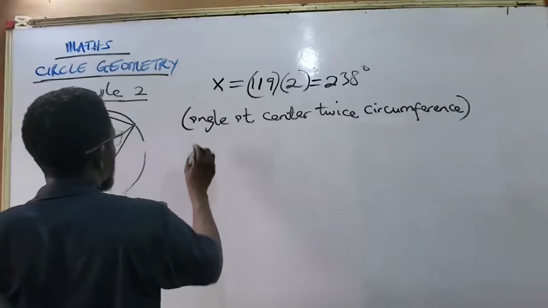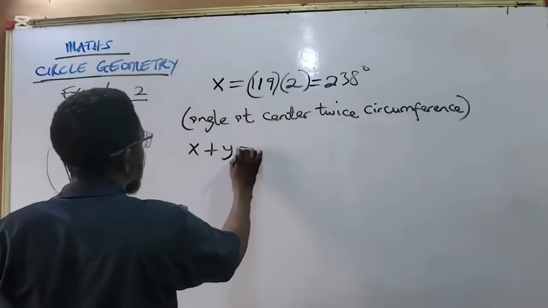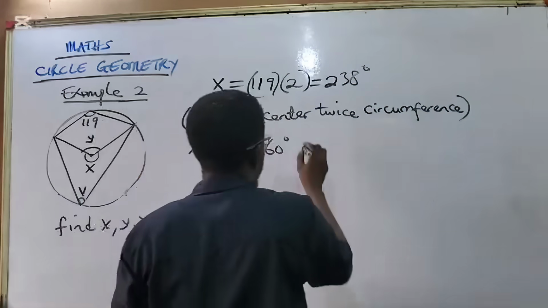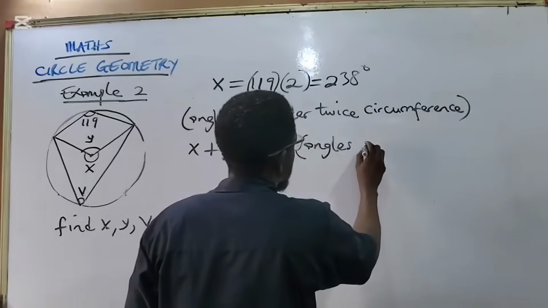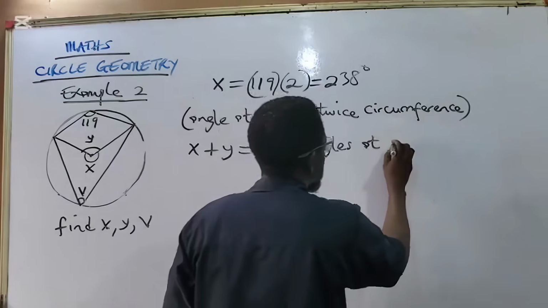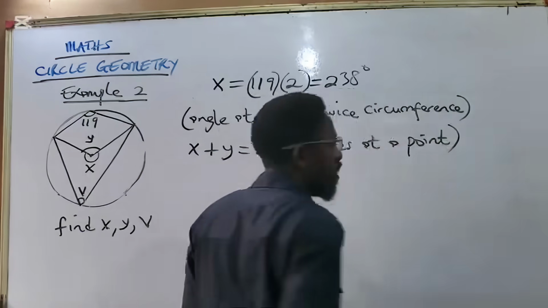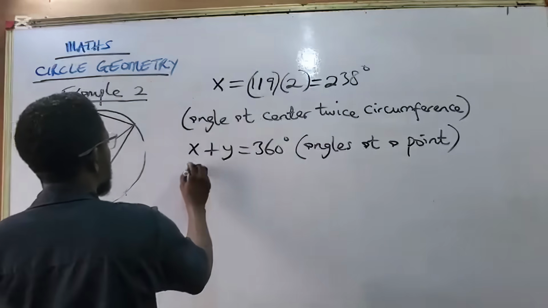So angles at a point sum up to 360. So we get x plus y equals 360 degrees. That's angles at a point.